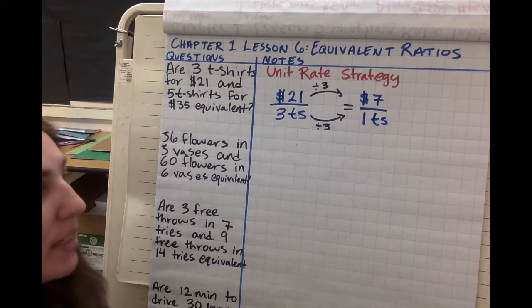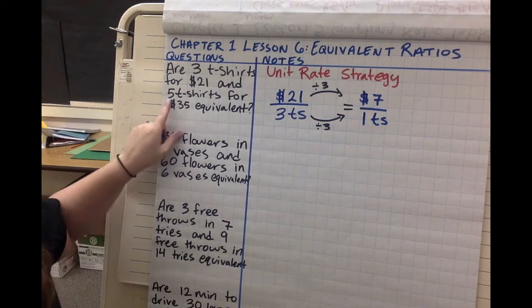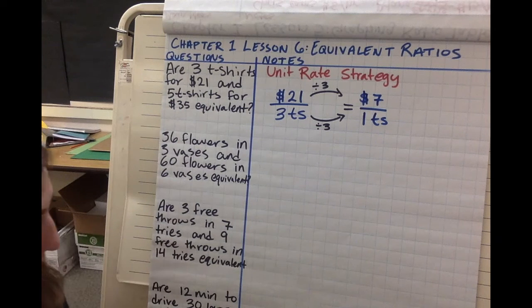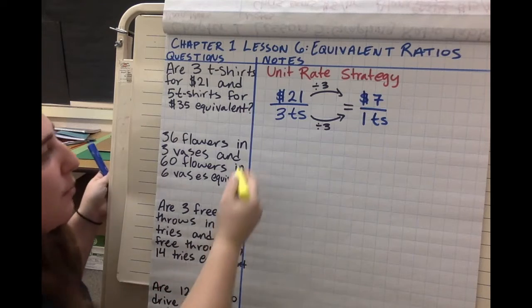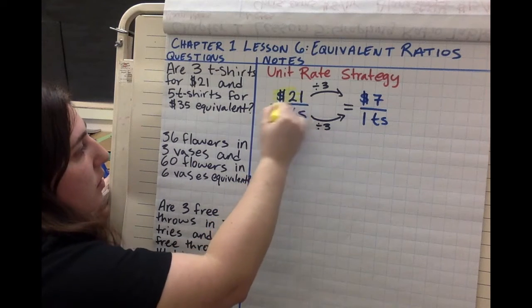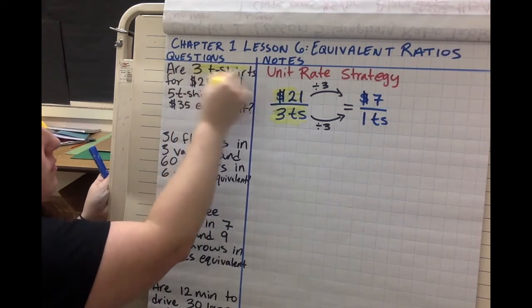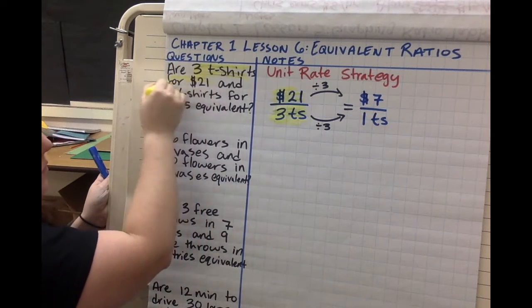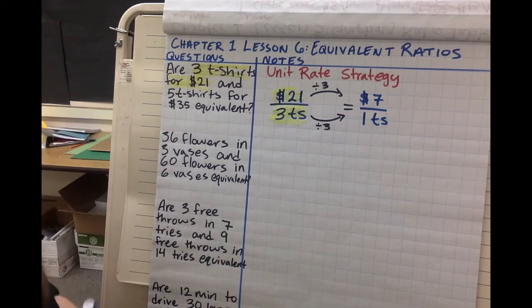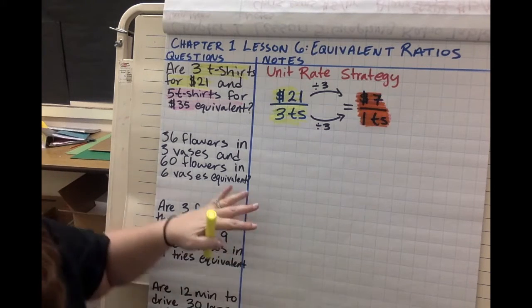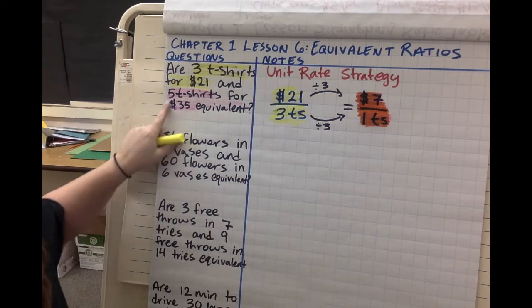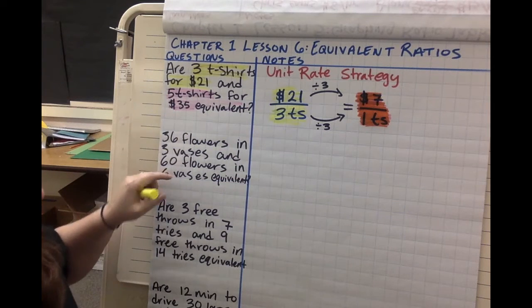Now we're going to do the exact same thing, but with the other rate that we have. And I'm just going to highlight some of this so we kind of keep our work organized. So now I'm going to write the next rate, and I highlighted this in pink.